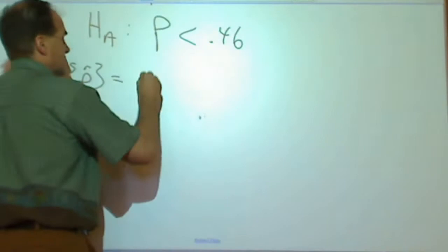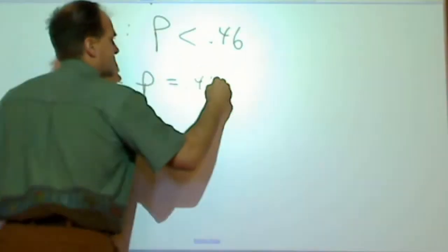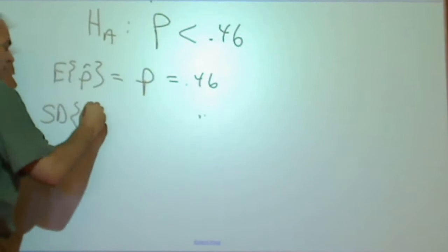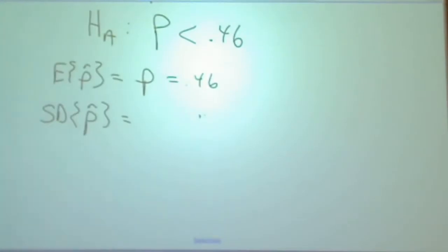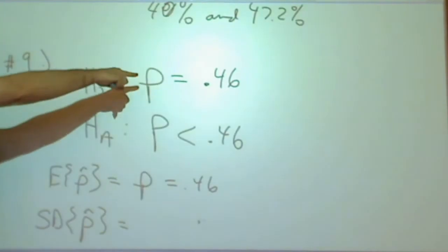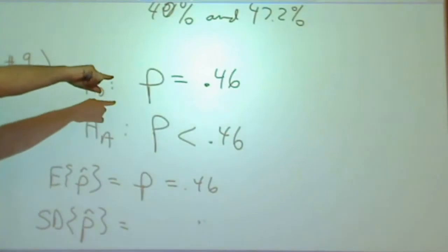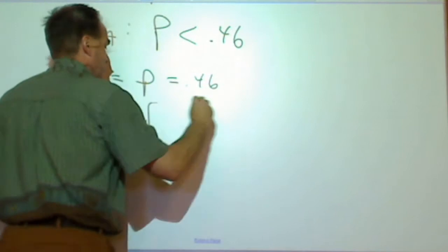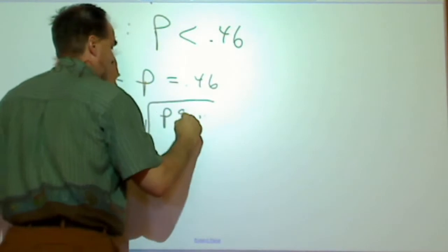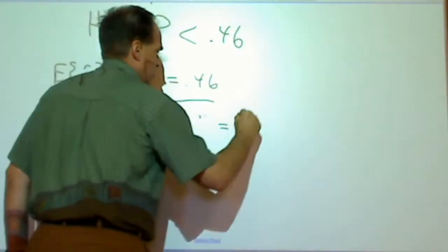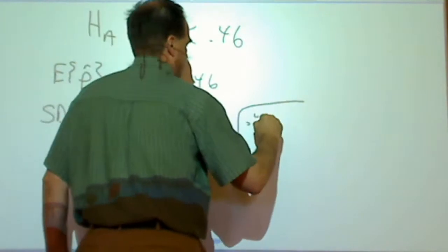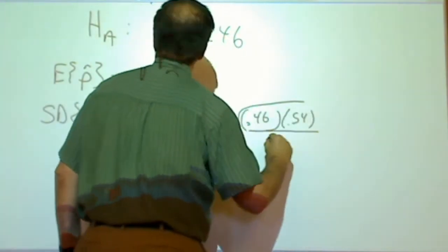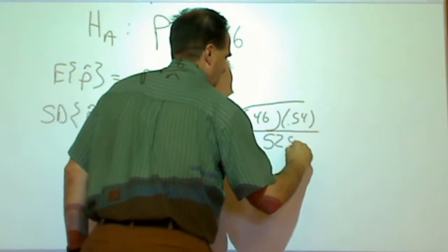Okay, so this is p = 0.46. Standard deviation: we can get a standard deviation because we've assumed a proportion is the case, a population parameter. So square root of pq over n, so 0.46, 0.54, n is 525.